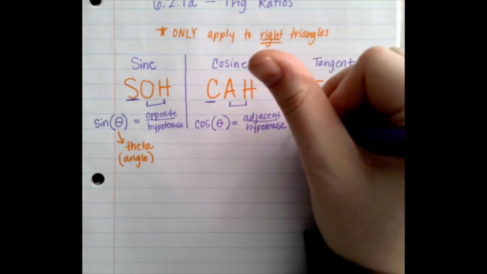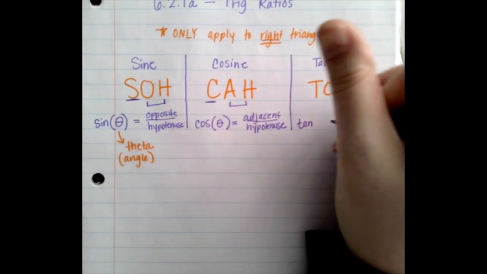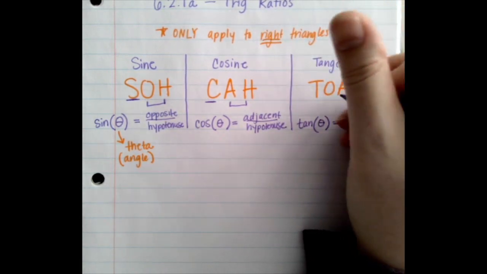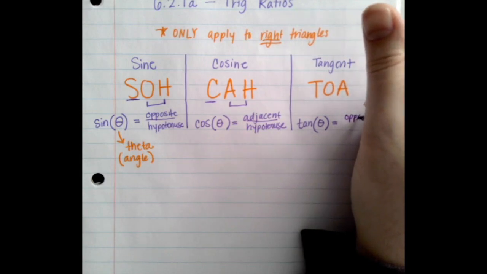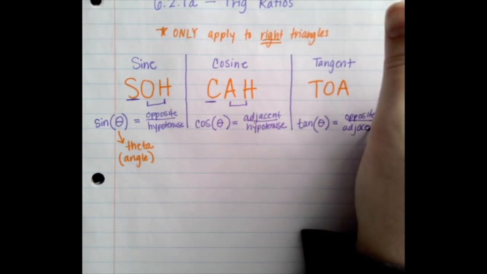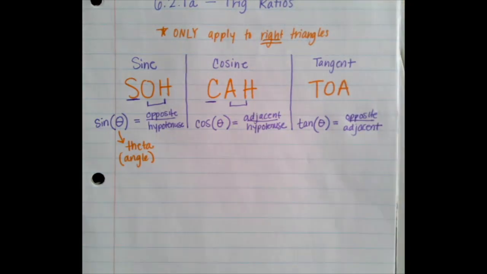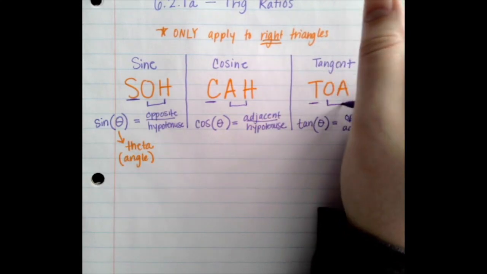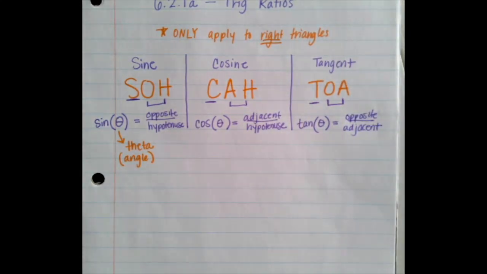And our last one is abbreviated as tan, but again, still pronounced tangent, of theta is equal to the opposite side over the adjacent side. And again, TOA tells us T for tan and O and A for opposite over adjacent.